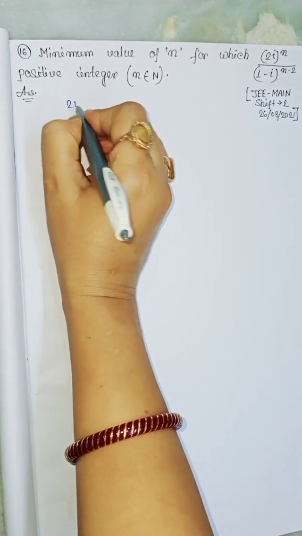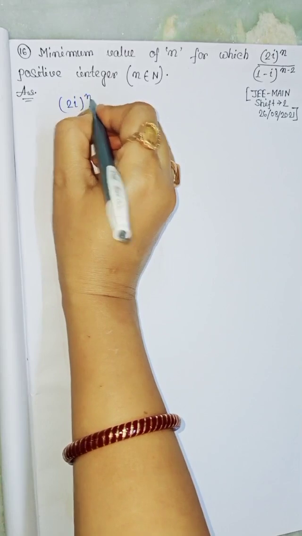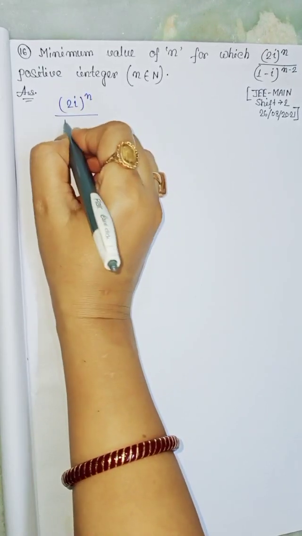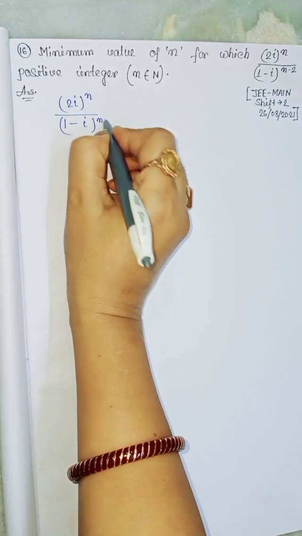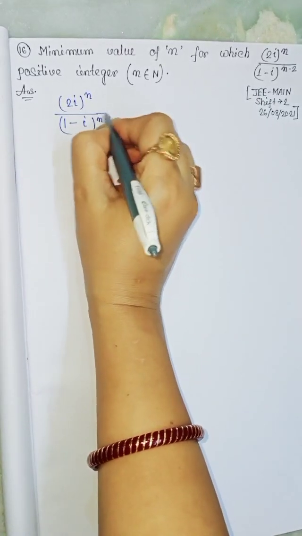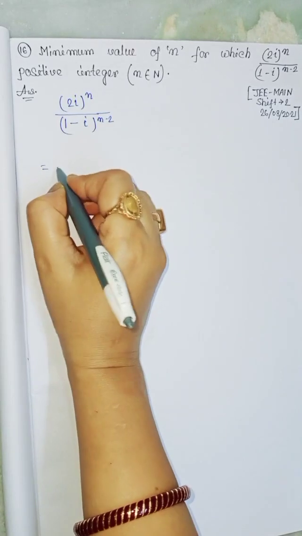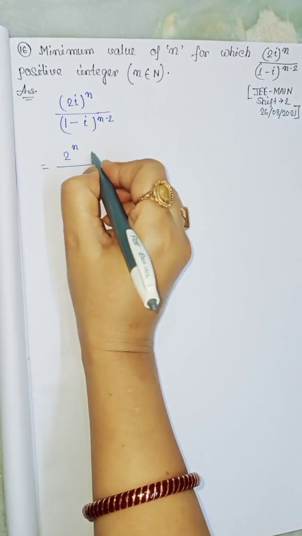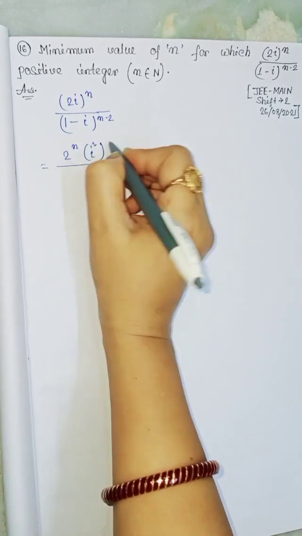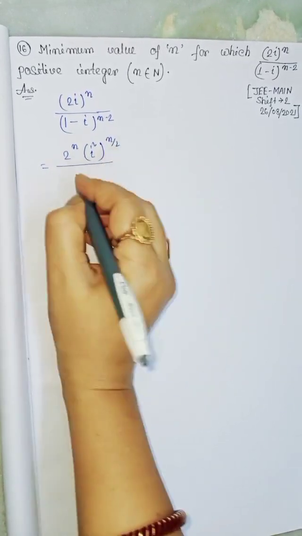At first, the given number is (2i)^n divided by (1 - i)^(n-2). So just simplify this one. That is equal to 2 to the power n times (i squared) to the power n by 2.